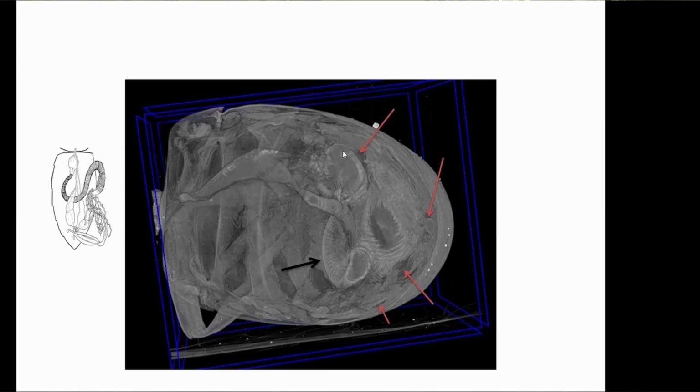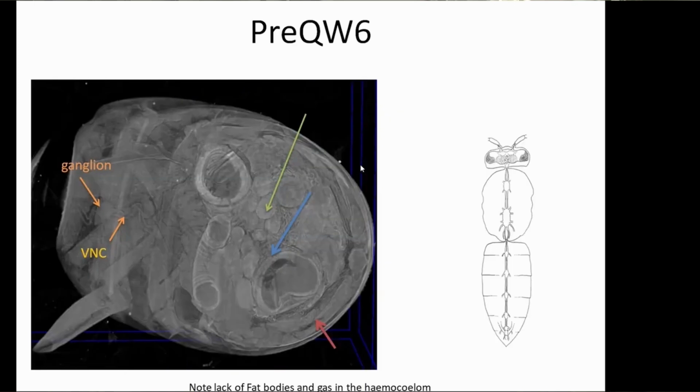We're seeing air surrounding the bowel, making it easier to see because of the contrast in attenuation values. I want you to notice that we're now also seeing eggs, and we've laboured the point, I know, but we would not normally expect to see eggs because of sexual diapause at this stage.